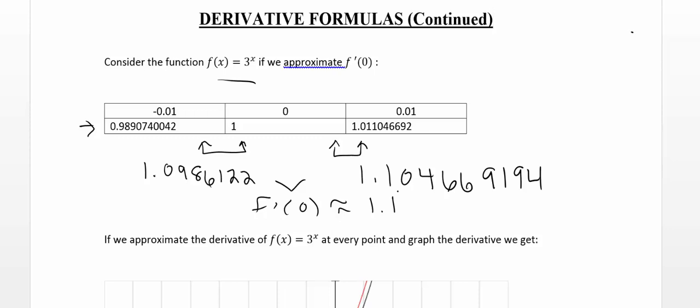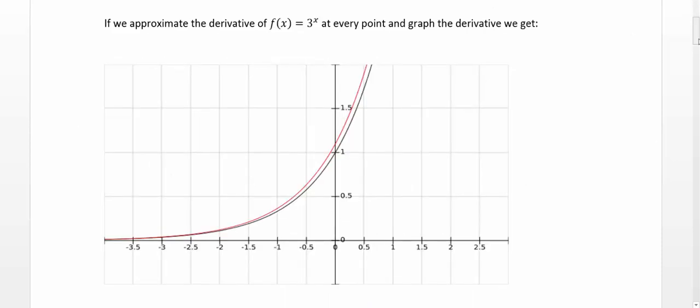Now, if we take a look at the picture of 3 to the x and a picture of the derivative, if we were to approximate the derivative at every value, what we get is the following. The original function, f of x, is in black, and the derivative function for every point is plotted in red.